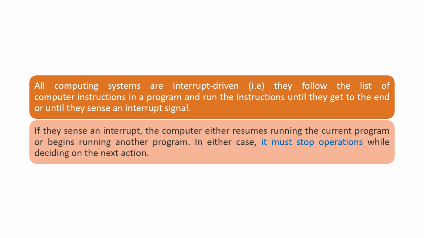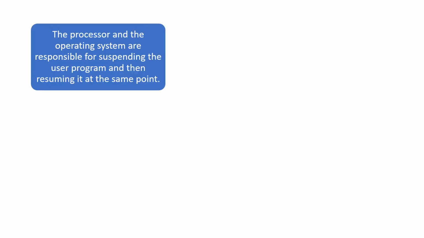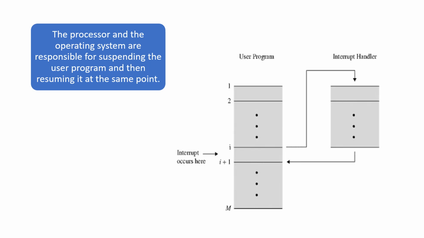So these are the sequence of stages when an interrupt occurs. When an interrupt occurs, the processor and the OS are responsible for suspending the user program and then resuming it at the same point. Seeing this diagram, we can see the processor suspends the user program when an interrupt occurs, and the control goes to the interrupt handler of the OS.